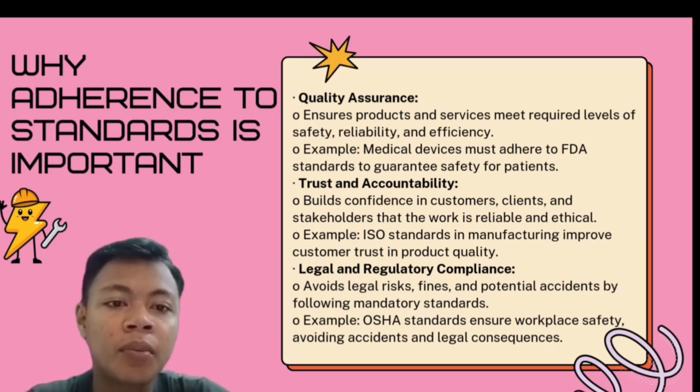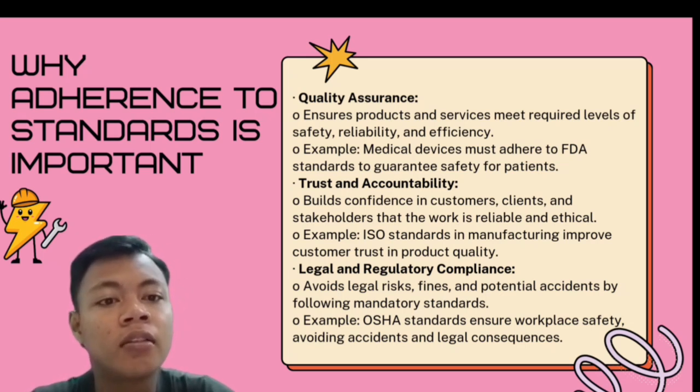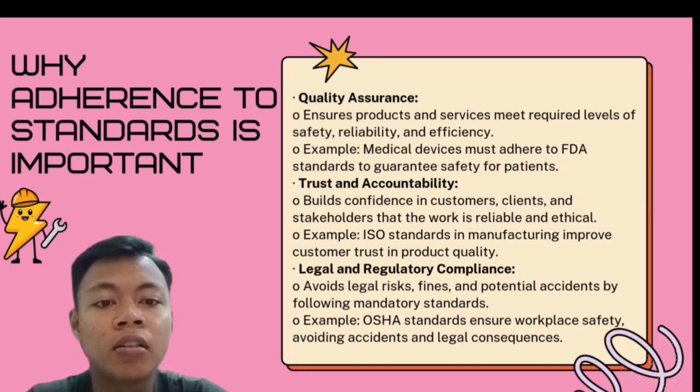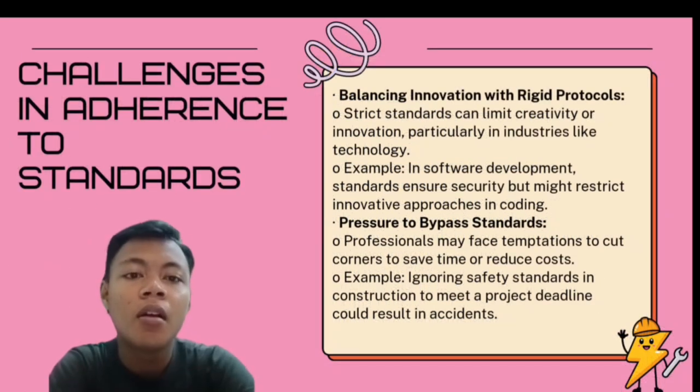Legal and regulatory compliance is to avoid legal risks, fines, and potential accidents by following mandatory standards. For example, OSHA standards ensure workplace safety, avoiding accidents and legal consequences.